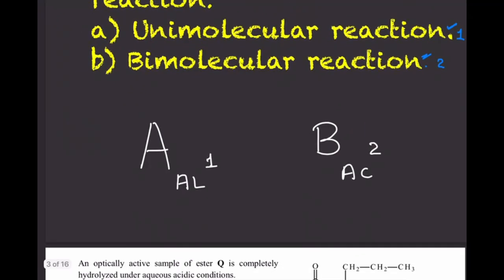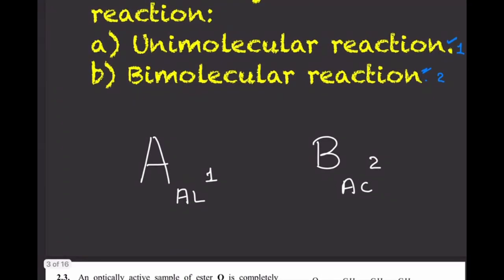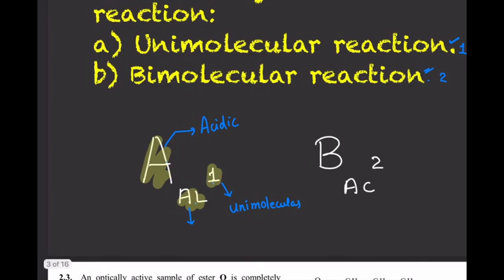Let me explain. After considering all this, if you find AAL1, then what does it mean? This A indicates that the medium is acidic, the reaction is carried out in acidic condition. This 1 indicates that the reaction is unimolecular, and AL indicates that the bond broken for carrying out the hydrolysis is alkyl-oxygen.